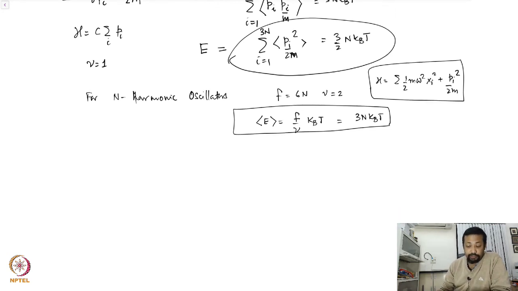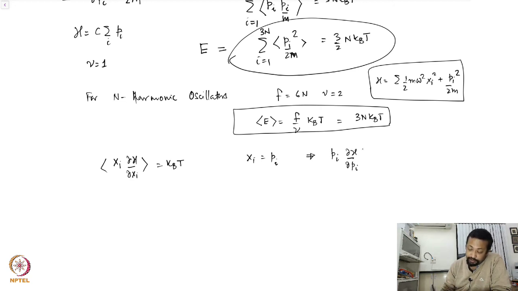Our last point to note in this particular discussion is, let's say I have the average of xi del h del xi is kBT. If I choose xi equal to pi, this will imply that the average of pi del h del pi is equal to kBT. But del h del pi, if you recall your Hamiltonian equations of motion, is qi dot. So pi qi dot is equal to kBT.